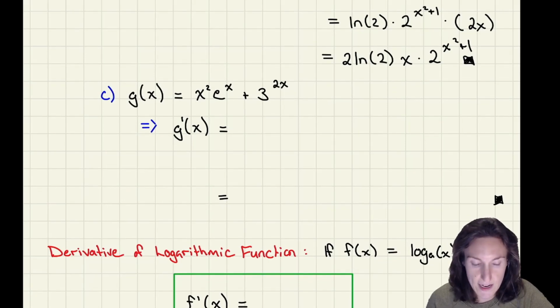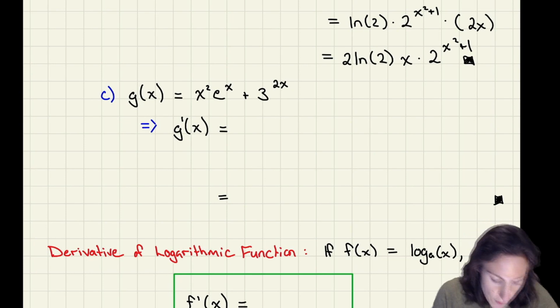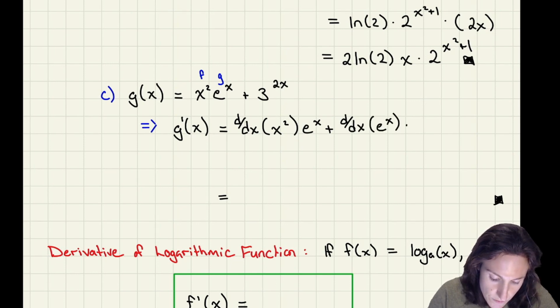Okay, now we're going to get a little bit of everything with some product rule. So notice that we have a function x squared and a function e to the x. So we think about that as the product rule, where we go the derivative of the first, so d dx of x squared times the second, plus the derivative of the second times the first.